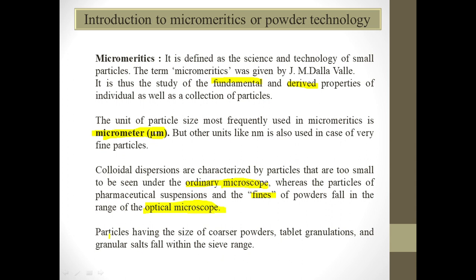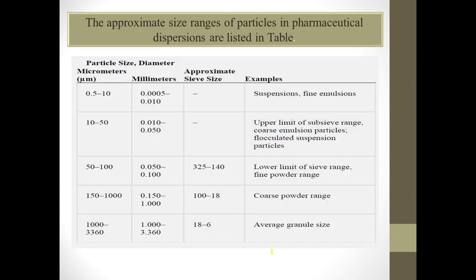These powders can be characterized for size by viewing them under the optical microscope. Coarser particles, tablet granules, and granular salts fall within the sieve ranges, so you can sieve them to characterize the particles. These are the approximate size ranges of pharmaceutical dispersions, from Martin's Physical Pharmacy.